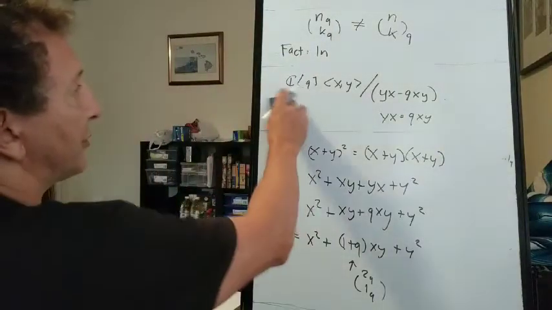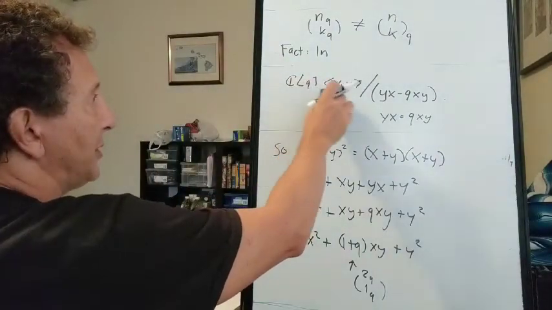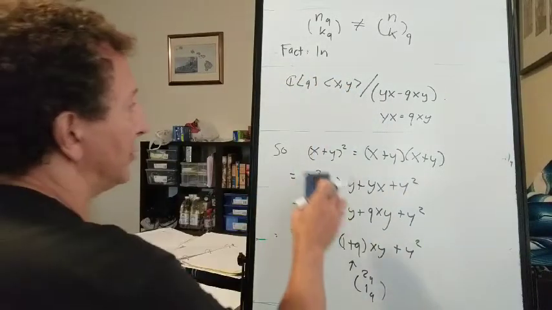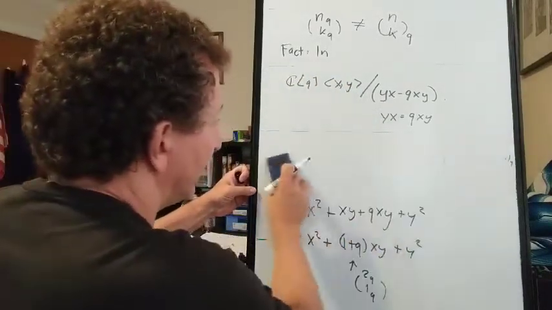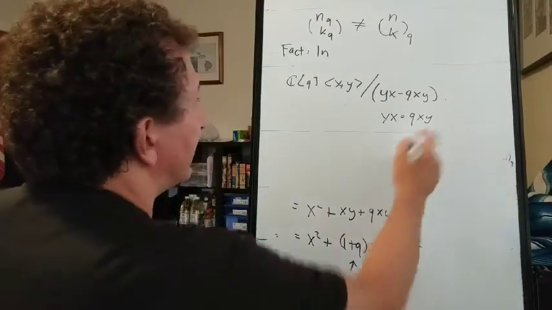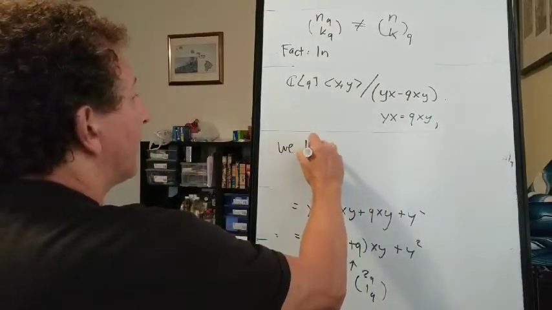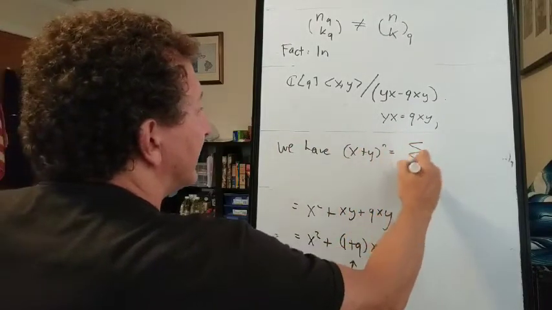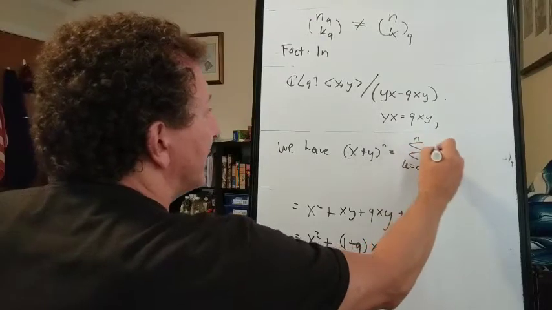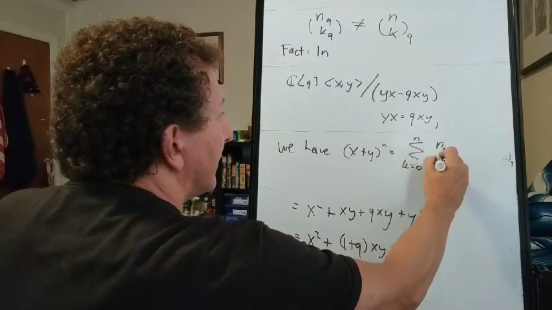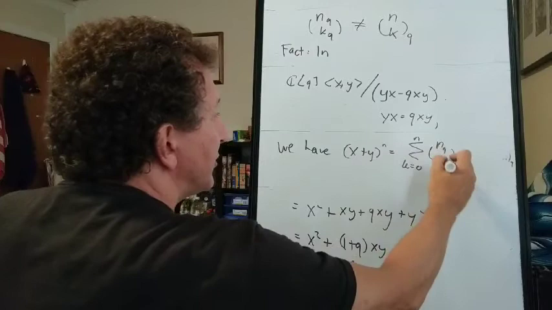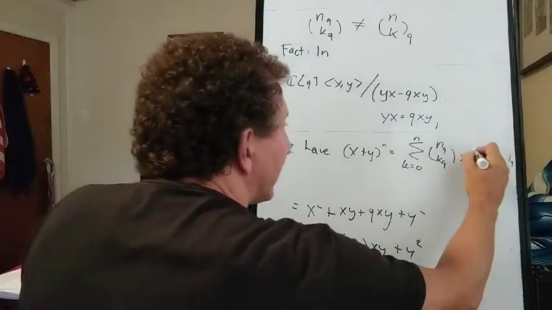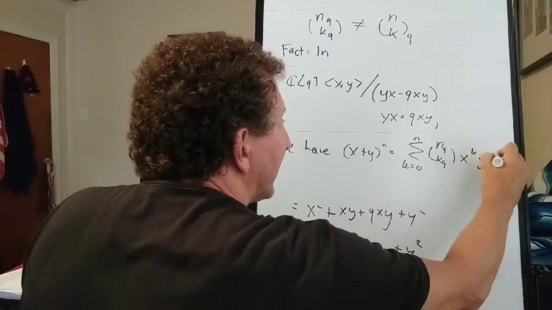There's a general fact that in this ring, polynomials in two non-commuting variables x and y whose coefficients are polynomials in q, we have x plus y to the n is a sum as k goes from 0 to n, not n choose k, but quantum n choose quantum k, times x to the k, y to the n minus k.